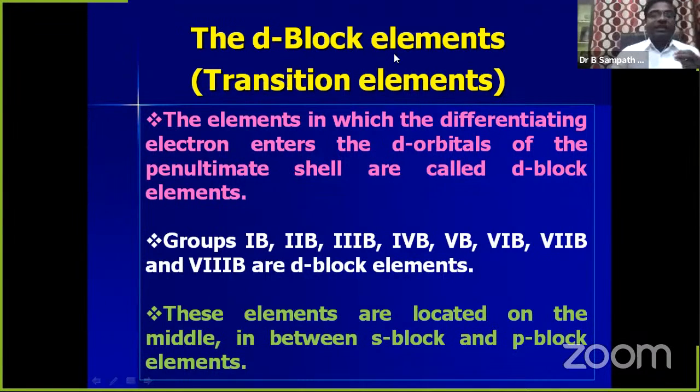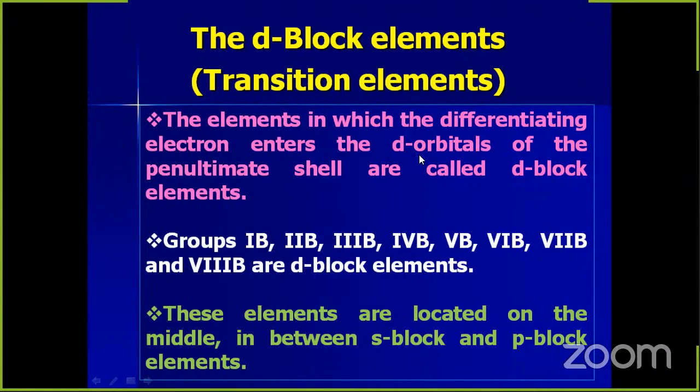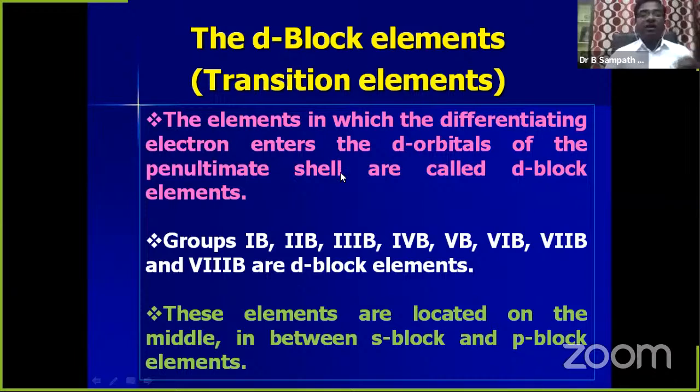So, children, what are the d block elements? The elements in which the differentiating electron enters the d orbitals of the penultimate shell are called d block elements. What is penultimate? Let us see in the next slide. Groups 1B, 2B, 3B, 4B, 5B, 6B, 7B and 8B are d block elements.